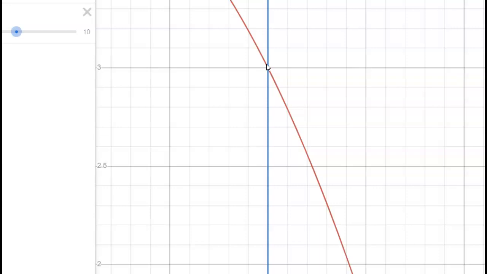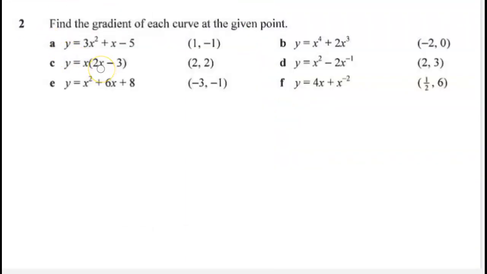So change of y is -2, because it's coming down, and change of x is 1. So it's going 1 in this direction and 2 down. So you can actually see at that point it's going 2 down and 1 across. So that's what the gradient actually means. Find the gradient of the curve at a given point.